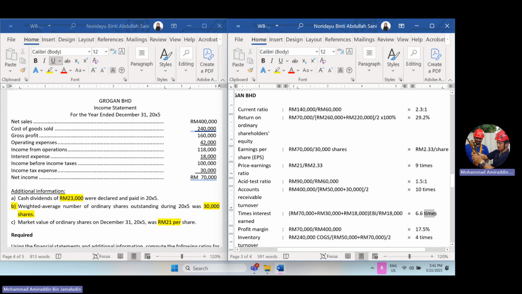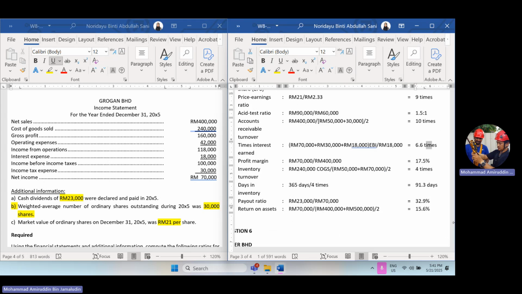Here we use times, meaning for the profit that I get, 6.6 times of my profit is used to pay the interest. So the higher, meaning more profit needs to be used to pay the interest. That's how it can be explained.